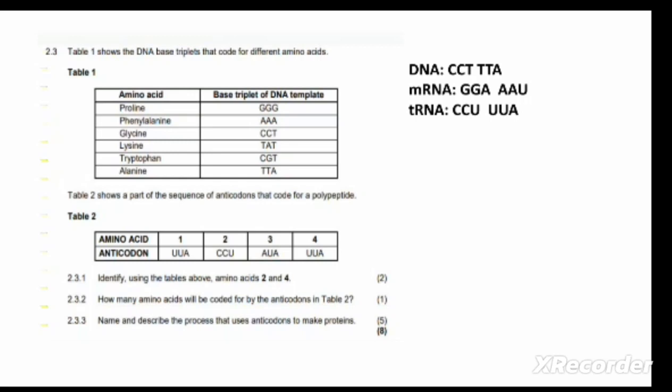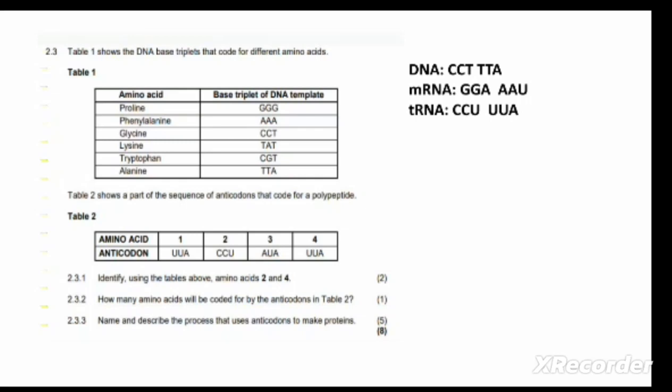You'll be given a table with amino acids, and on the other side they might choose to give you DNA triplets, or they might give you tRNA or mRNA. Here we are given base triplets of the DNA template. We have GGG, AAA, CCT, TAT, CGT, TTA, TTA, right?